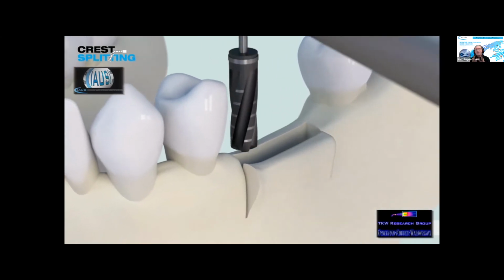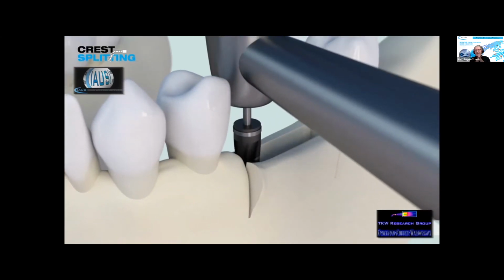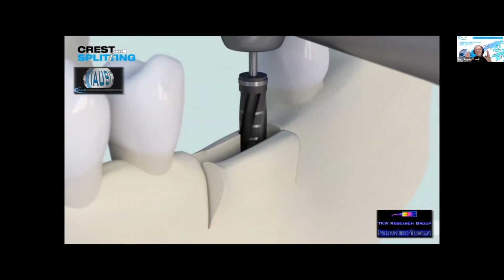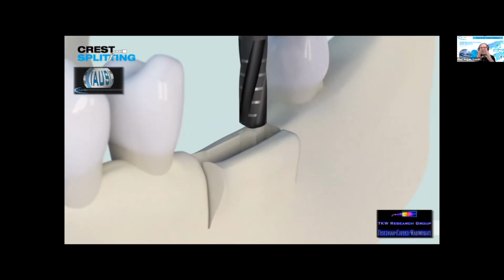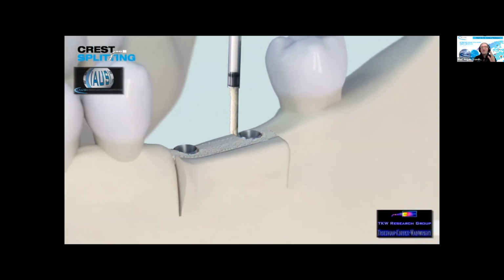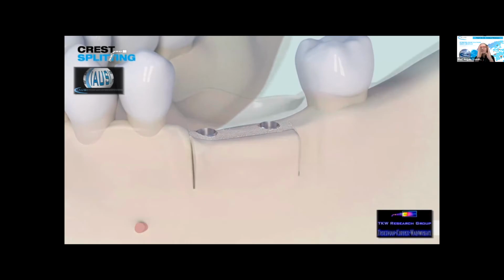And when you do this for the first time, you will see whenever you leave the tip out of the crest split area, the bone will go back again because bone is elastic. So in most cases, you will be able, and you are supposed to insert the implants immediately, because they work as door stoppers.